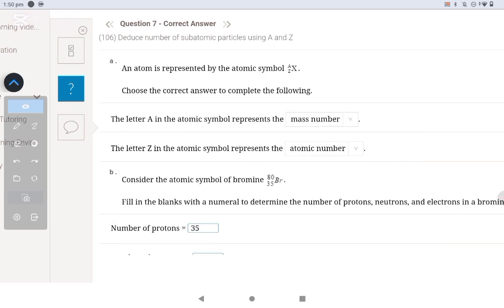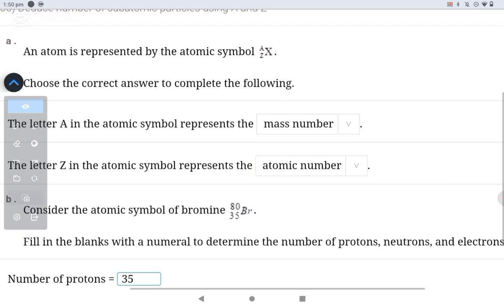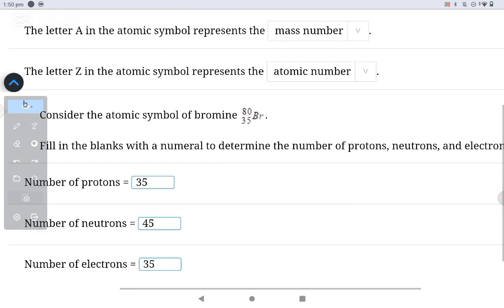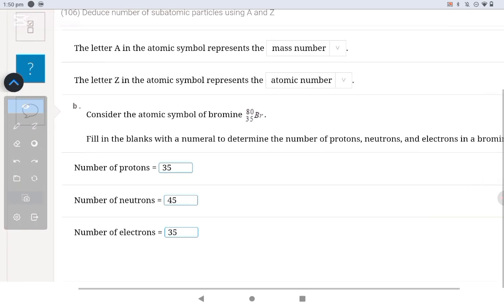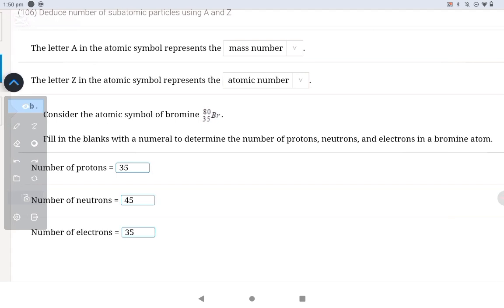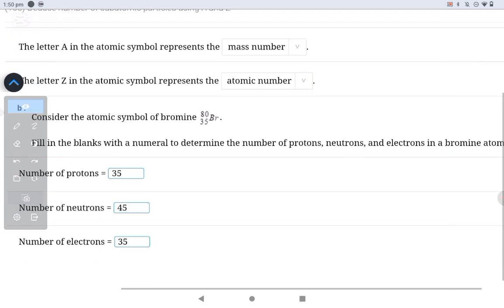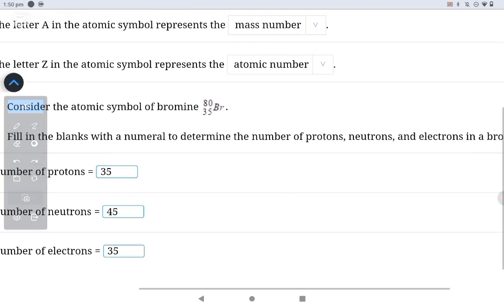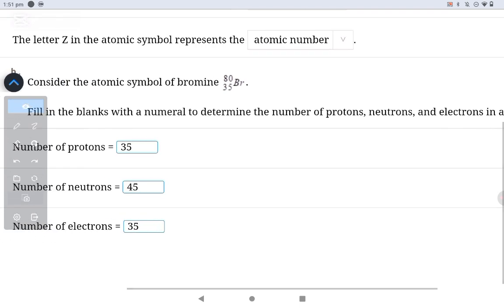An atom is represented by the atomic symbol A Z. The letter A in the atomic symbol, the one on top, represents the mass number. Letter Z represents the atomic number. And consider the atomic symbol of bromine, 80 35 Br. Fill in the blanks to determine the number of protons, neutrons, and electrons in a bromine atom. Number of protons is always going to be the one below, the letter Z. So that is 35.